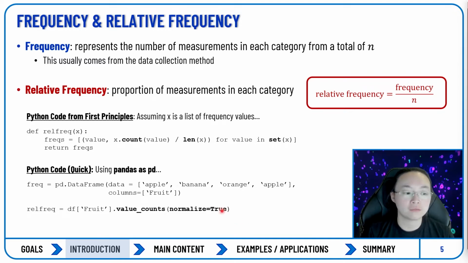If you don't activate it, it will give you just the frequency of each of these types of fruit. So at the very end, because there's only apples, bananas, and oranges, you should only have 3 values presented, either as a frequency if normalization is false, or as a relative frequency if normalization is true.